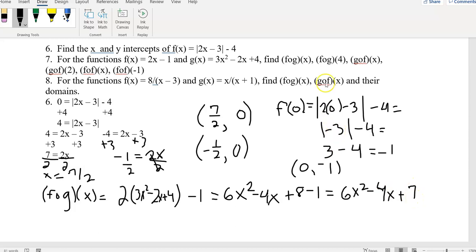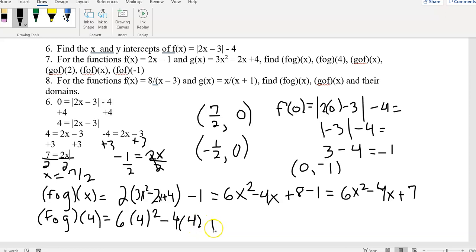Okay, now let's find f composed with g of 4. Since we have f composed with g of x, all we need to do is put a 4 into the x's in our answer. So f composed with g of 4, we'll have 6 times 4 squared minus 4 times 4 plus 7.